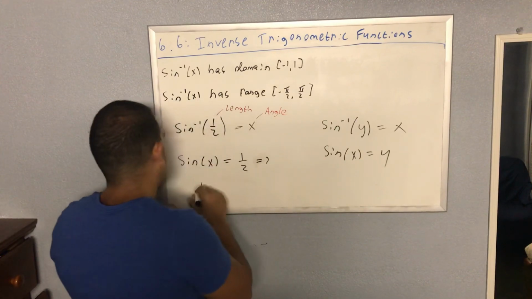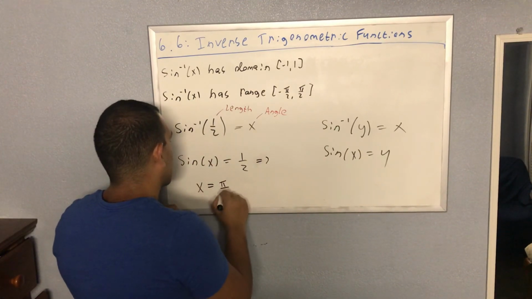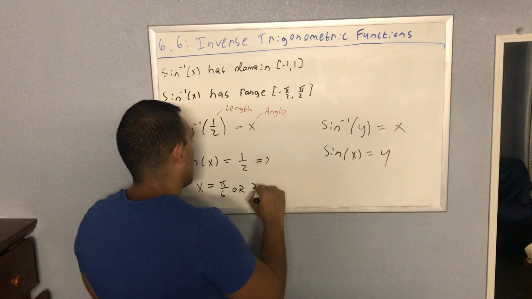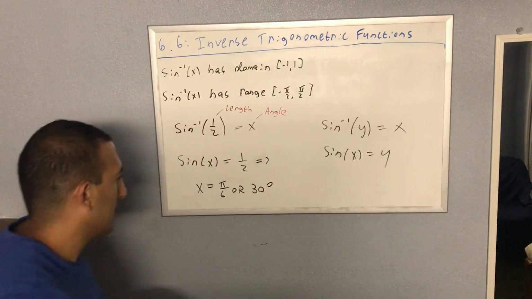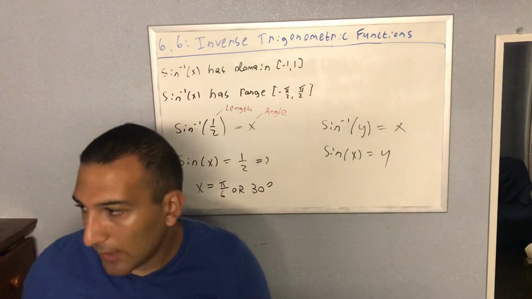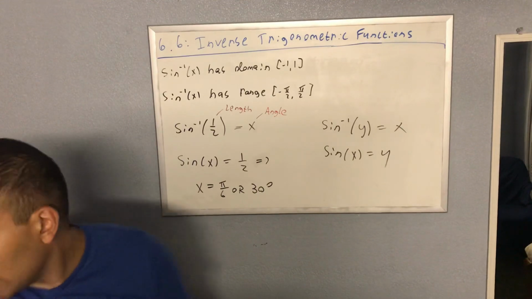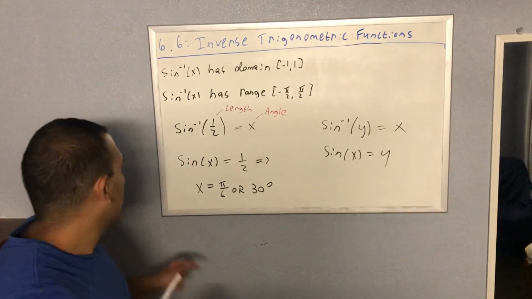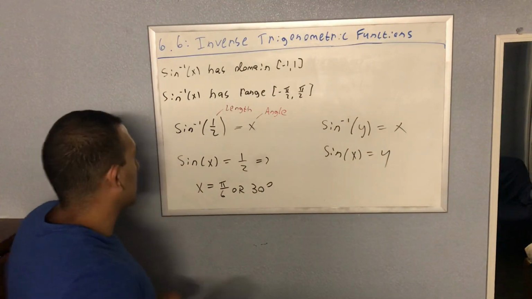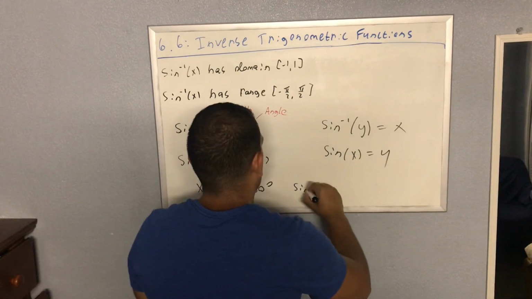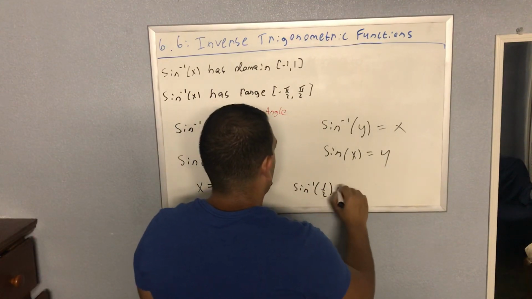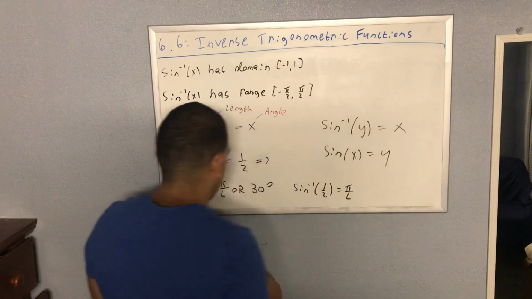This implies that x is pi over 6 or 30 degrees. So that's the answer. Long story short, sine inverse of 1/2 is pi over 6.